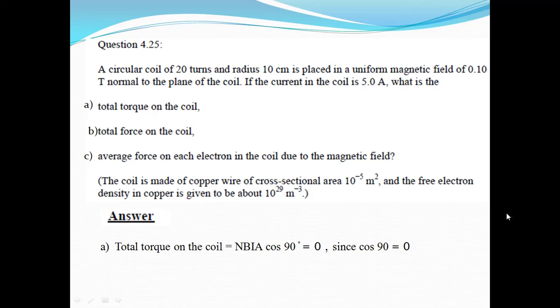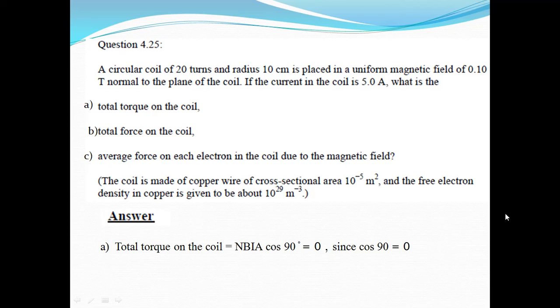The coil is made of copper wire of cross-sectional area 10 to the power minus 5 meters squared, and the free electron density in copper is given to be about 10 to the power 29 per meter cubed.